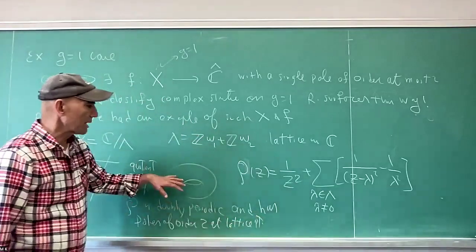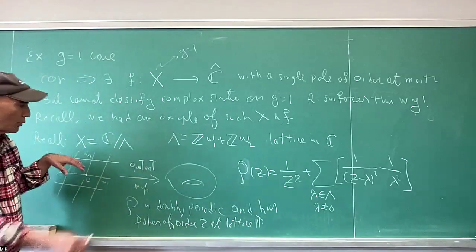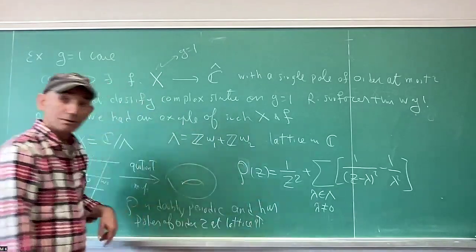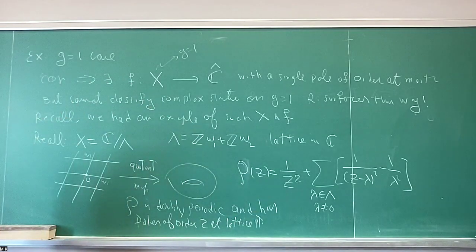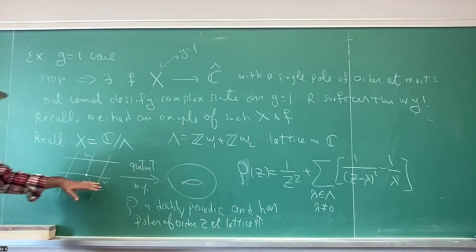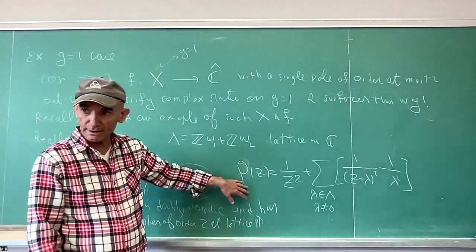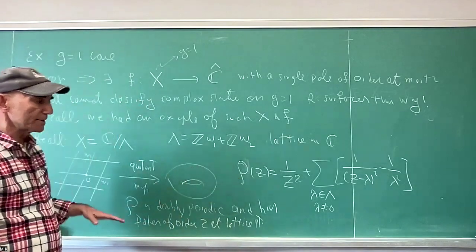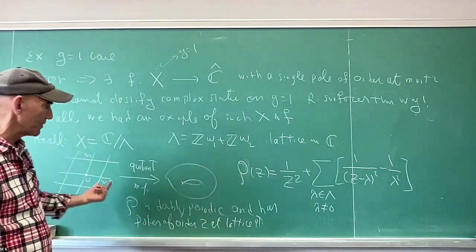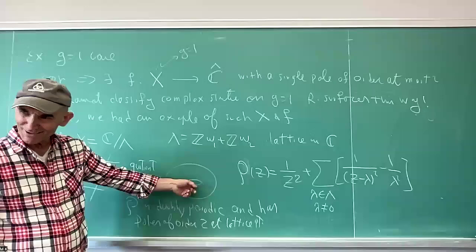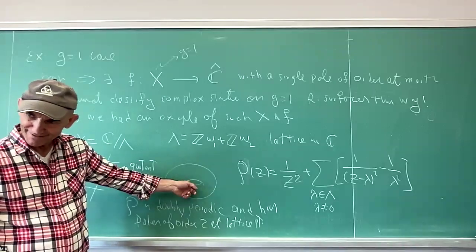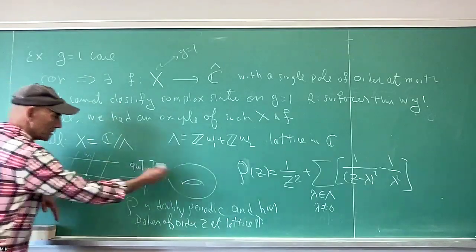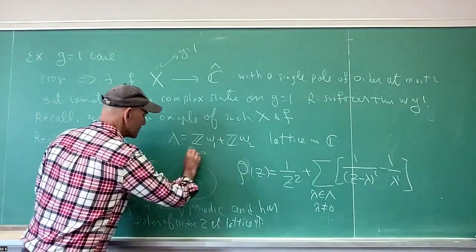So this is as far as the usual complex analysis goes, where we define this map. Originally it's a map on the complex plane, like first year complex analysis. But then, because it's doubly periodic, it goes over as a map on the torus. So again, you get the P function.